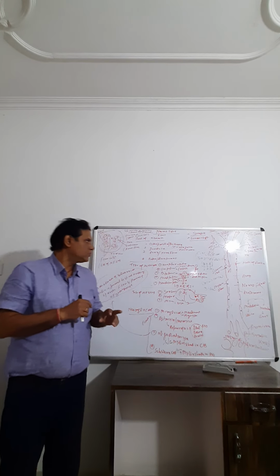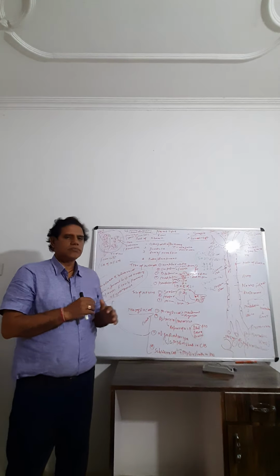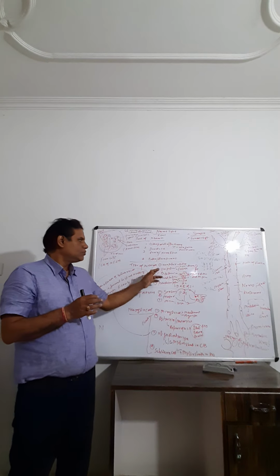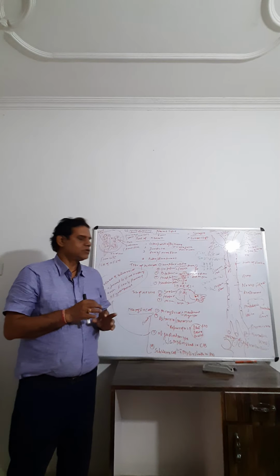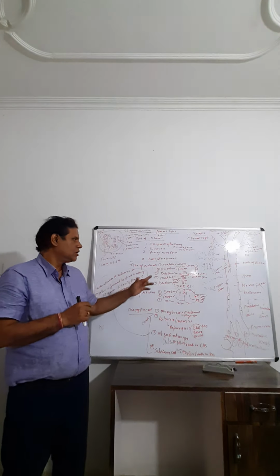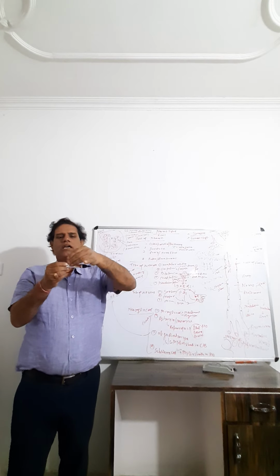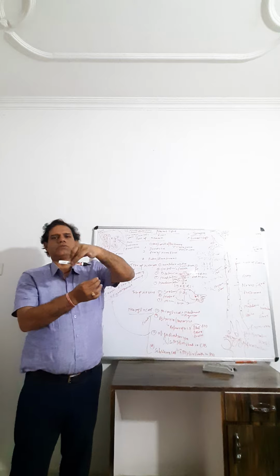And the types of neuron on the basis of structure are five. One is non-polar, present in hydra, that is no polarity. Unipolar means only one axon is present, found in the embryo. Bipolar means one cyton with an axon on one side and a dendron on the other side.